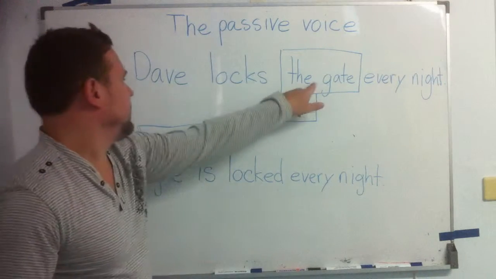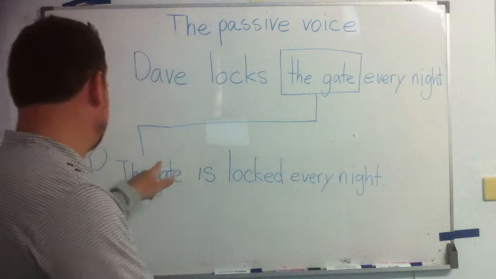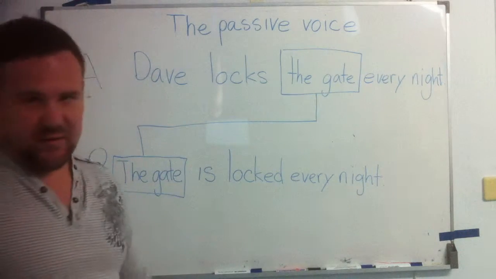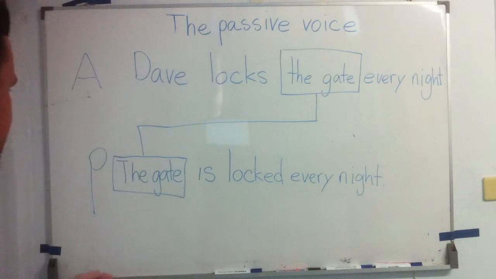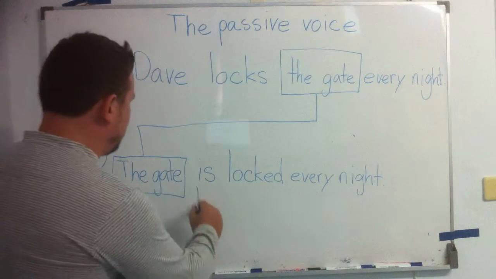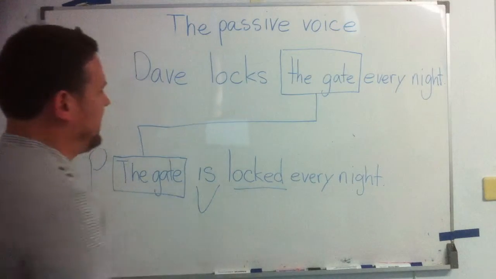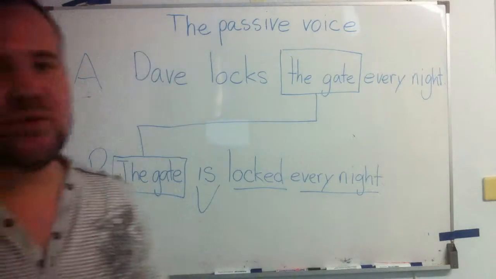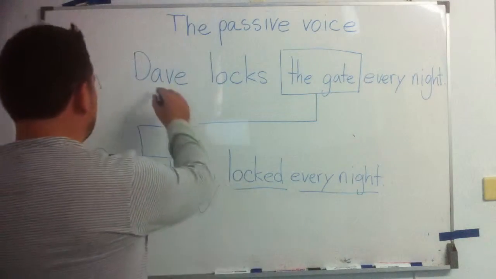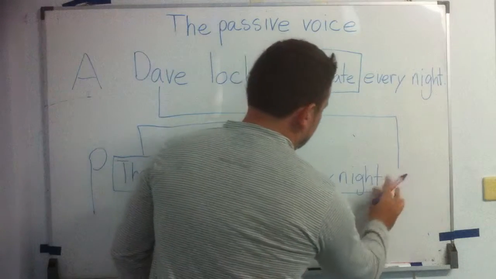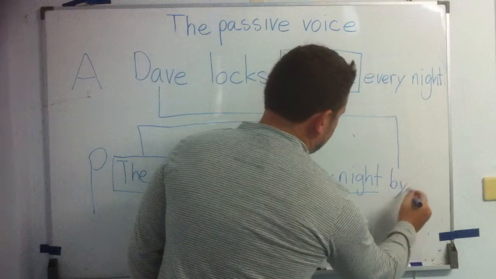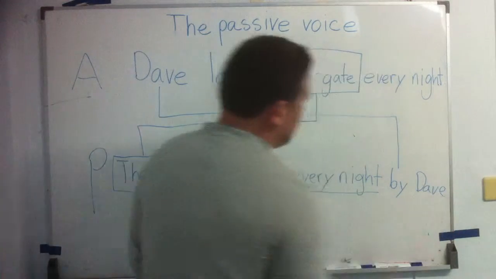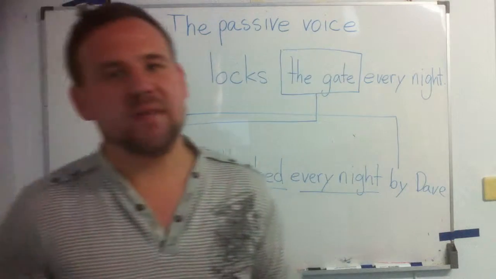So there we have it. Now our object has become the main part of our sentence. It became our focus of the sentence. So the gate, we have our verb be here, our verb here, every night. And then if we want to say who the doer is, again we put the doer on the end here. By Dave. Okay, I hope that makes sense.